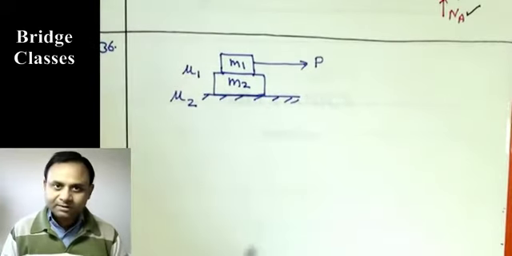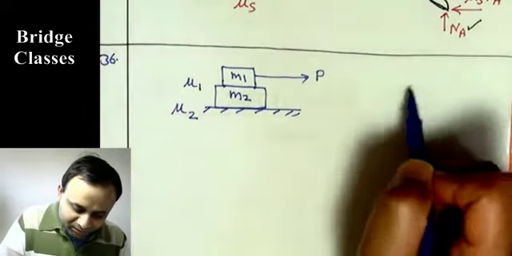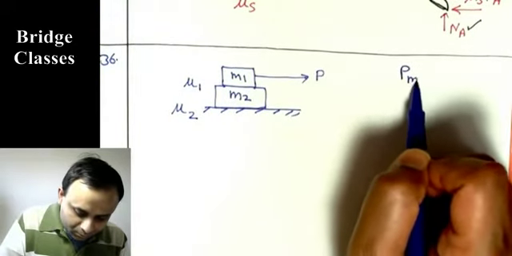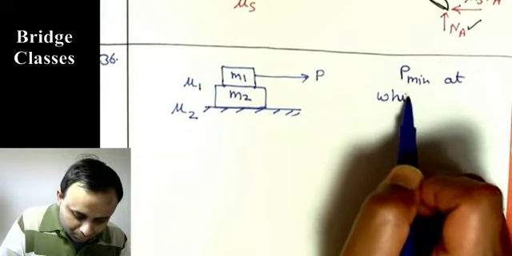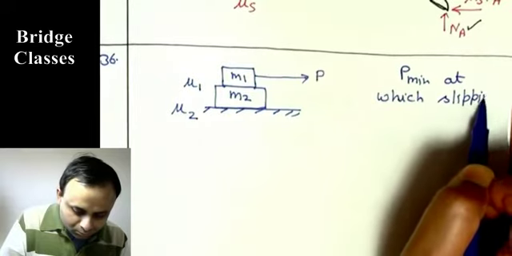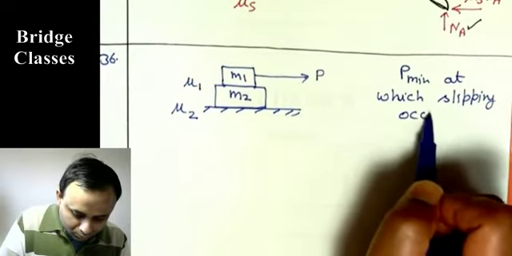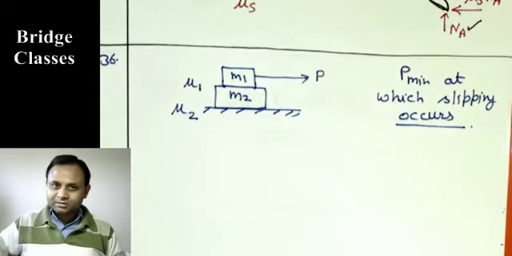In this problem, it is given that there is no tipping. We have to find the minimum P at which slipping occurs.